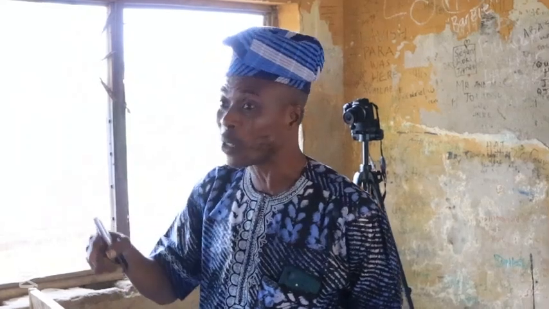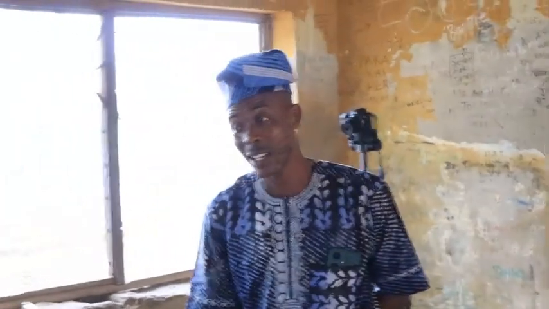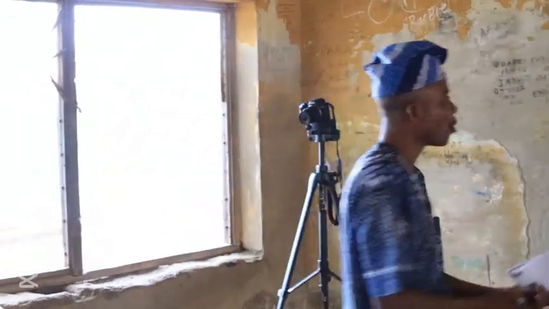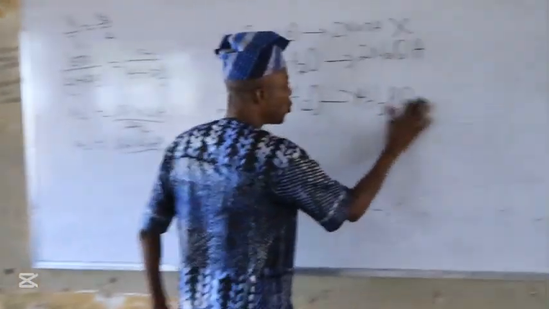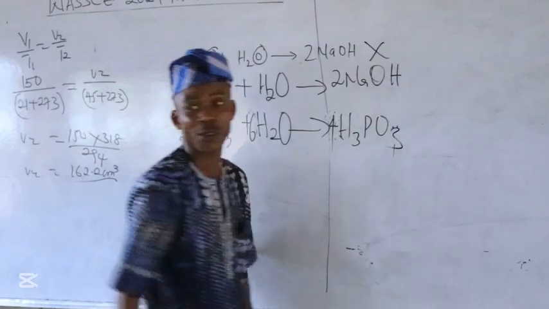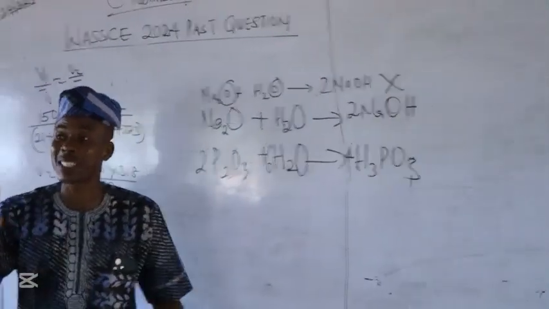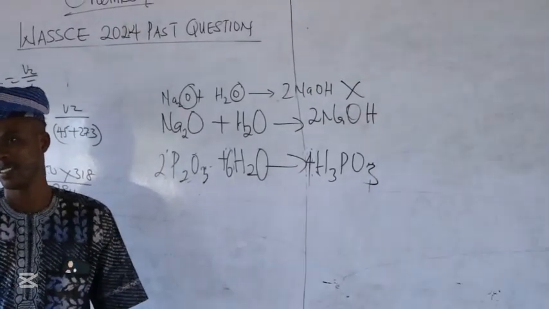Automatically, it will be difficult to balance. Are we together? That's what I said is the problem. Now, what you're supposed to write is H3PO3, not H3PO4. And I'm very sure if you write this one, we will have balanced it conveniently.